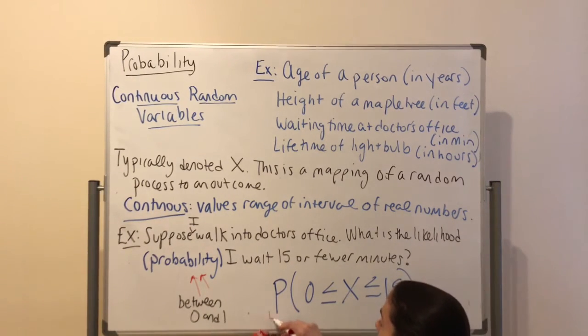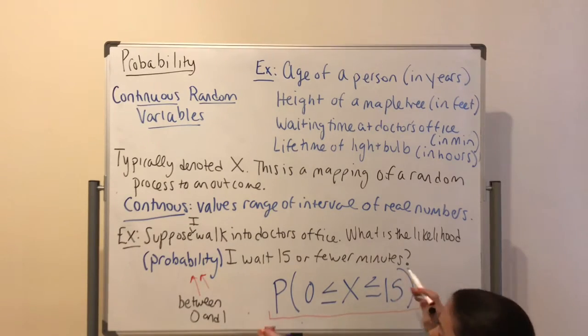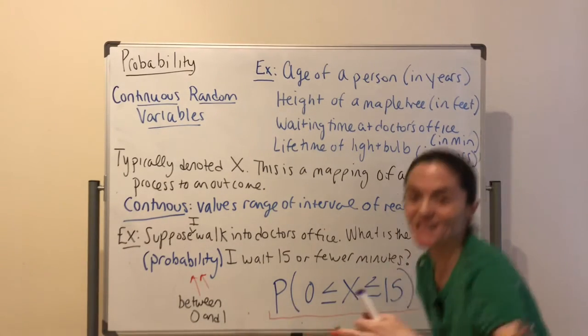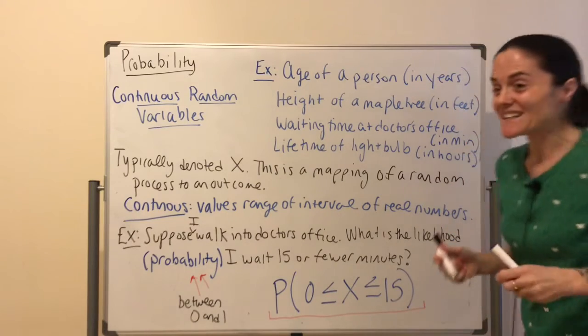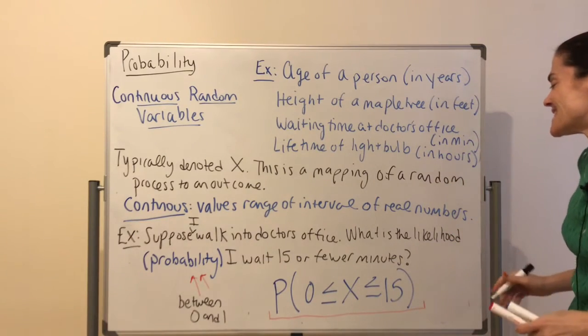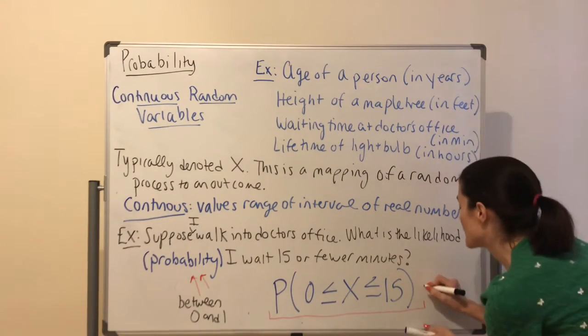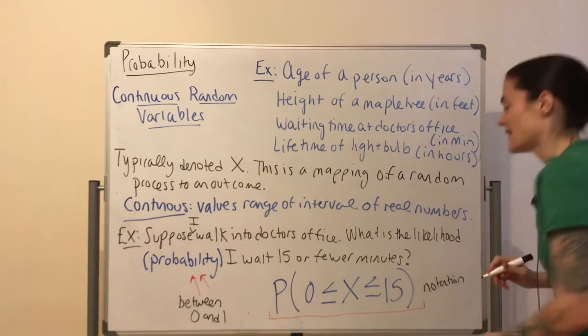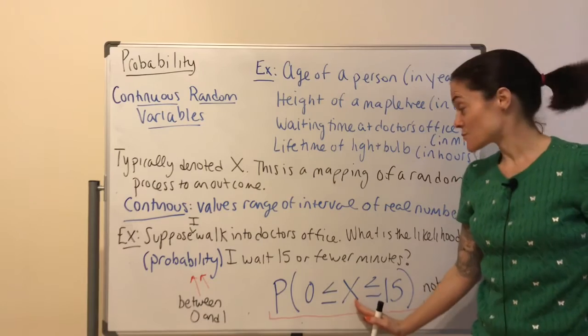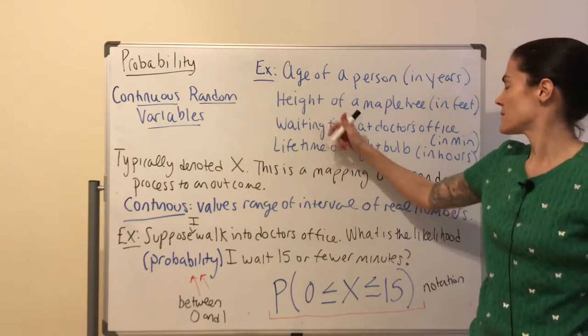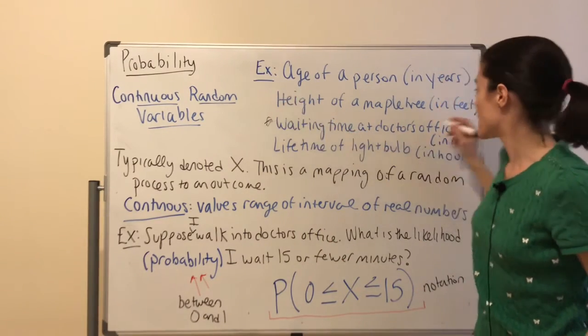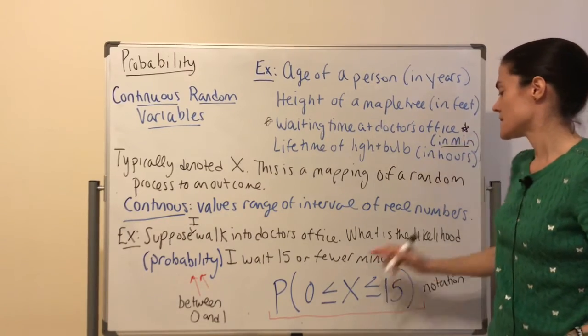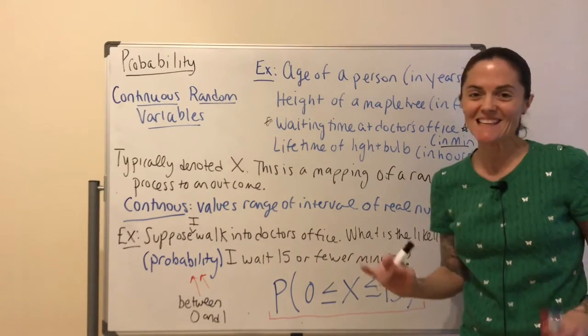And I'm not going to have an answer for you because I haven't discussed probability density functions or anything like this, but that's coming next. Okay, so this is the notation. The probability that this random variable, the wait time at the doctor's office in minutes, is between 0 and 15, like this.